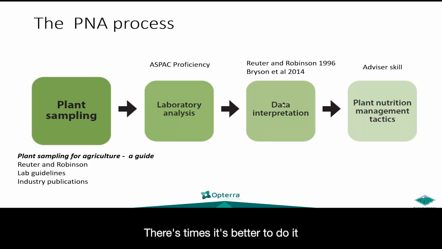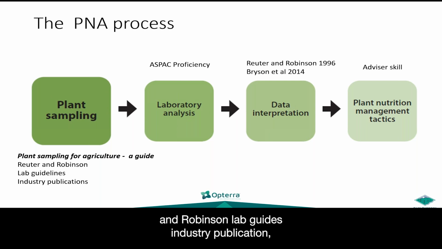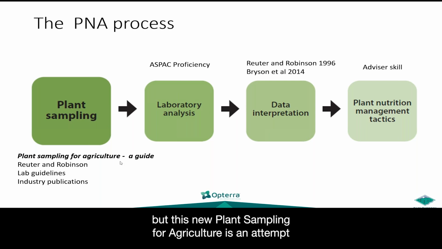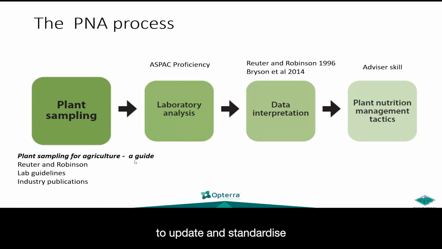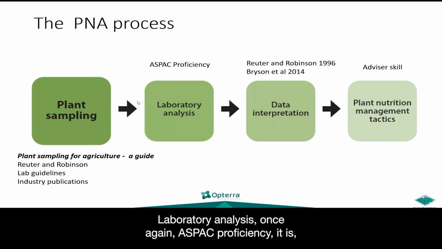There are times it's better to do it with different plant parts, more so than others. So for information, really, Reuter and Robinson, lab guides, industry publications, but this new plant sampling for agriculture publication is an attempt to update and standardise the plant sampling part. Laboratory analysis, once again, ASPAC proficiency.